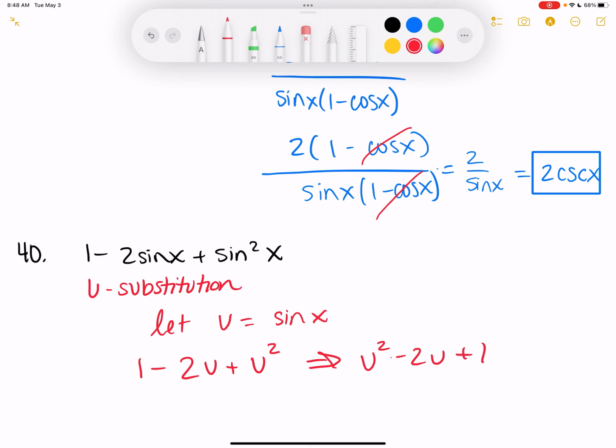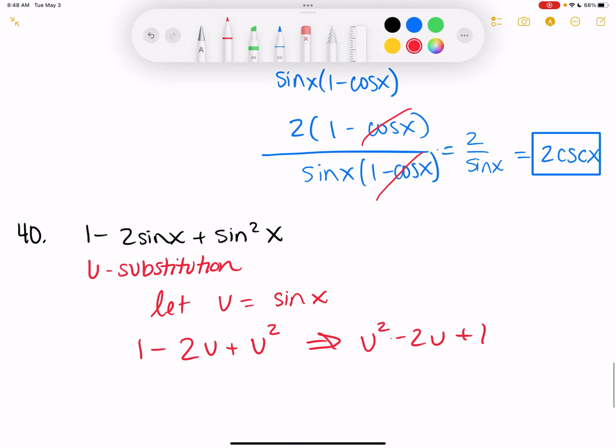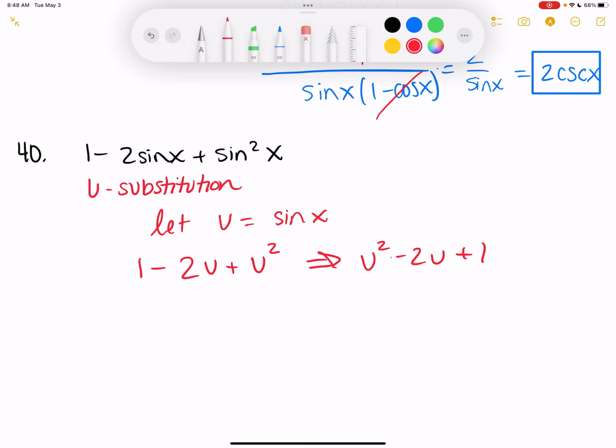How would you factor that? It's a special type. It'd be u minus 1 times u plus 1? No, it's squared. It's u minus 1 squared.